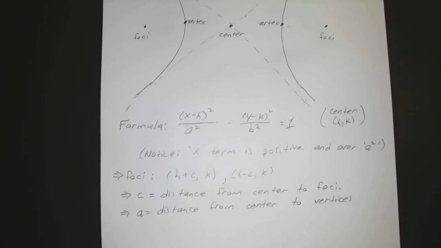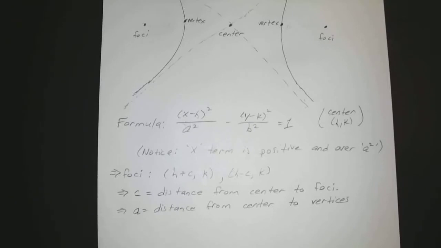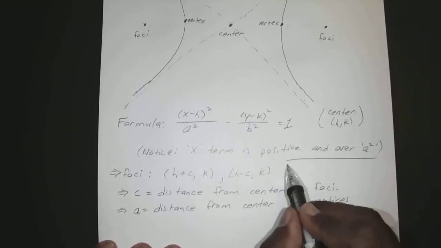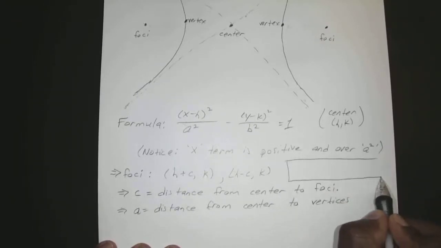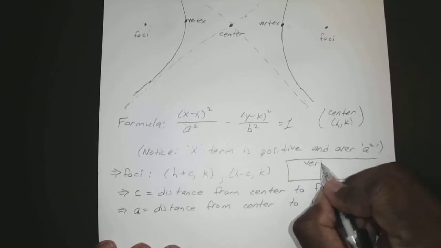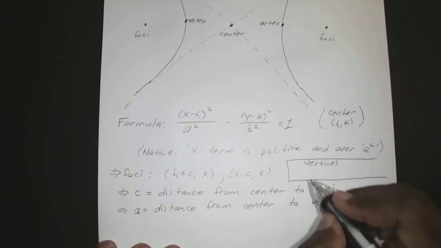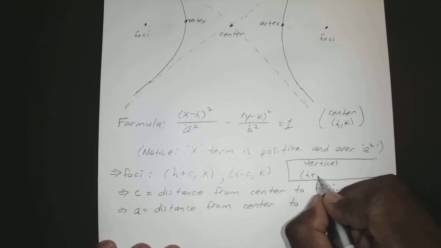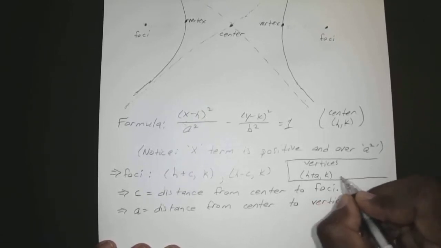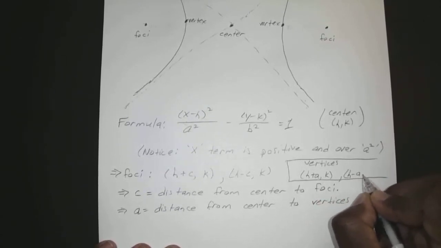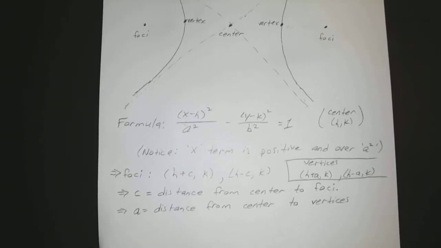So if you wanted to find the formula for the vertices, you just replace the c with a. Actually, let me do that now. h plus a, k, and h minus a, k. So really the same formula, you're just switching the a and c.